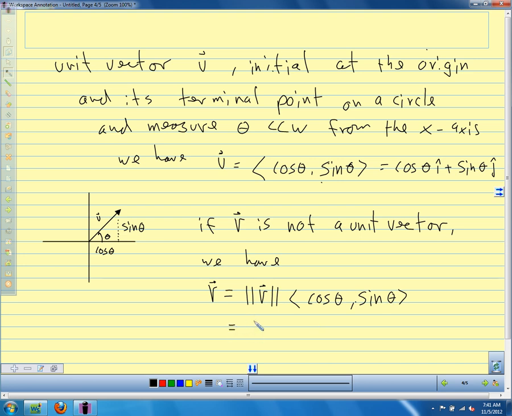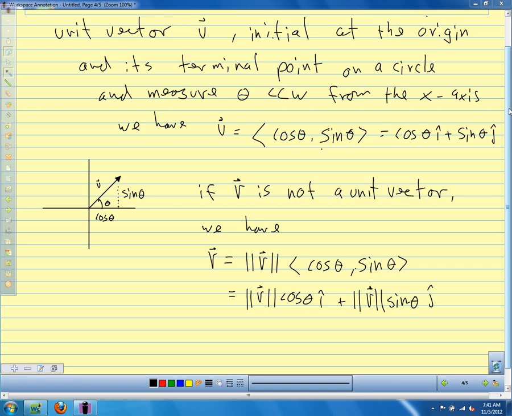And we can write it in the other form: magnitude of v cosine theta i plus the magnitude of v sine theta j. So if we know the angle and the magnitude of a vector, we can break it down into its components using this information.